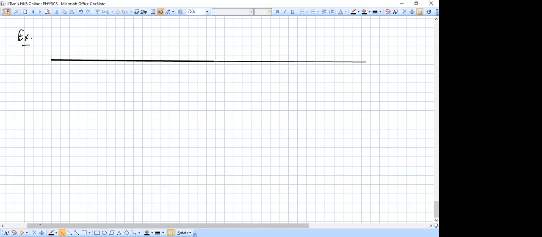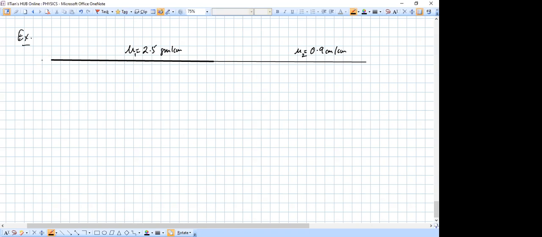So this string here is having a linear mass density of 2.5 gram per centimeter, and this here is having a linear density of 0.9 gram per centimeter.